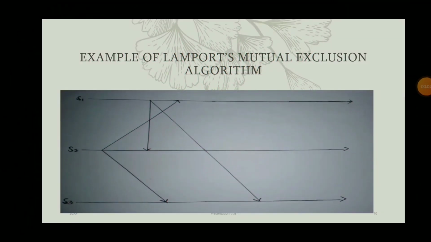Example of Lamport's mutual exclusion algorithm. There are 3 sites in this figure, S1, S2, and S3. S1 and S2 both send requests for the critical section, but S2's request has the smaller timestamp, which means S2 should be the first to enter the critical section. We can see the messages exchanged with the other sites, from S1 to S2.